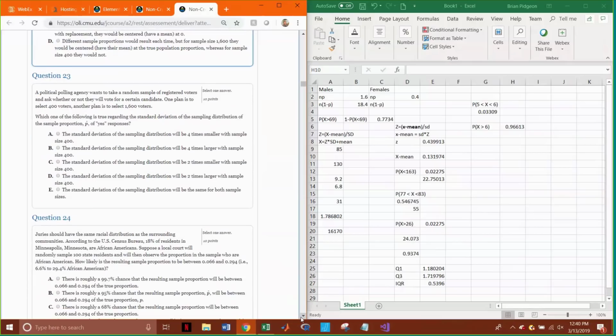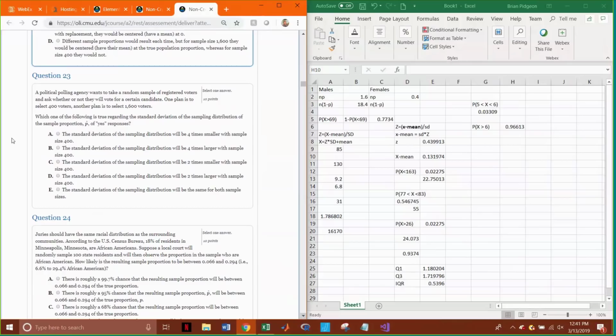23. A political polling agency wants to take a random sample of registered voters and ask whether or not they will vote for a certain candidate. One plan is to select 400 voters, and the other is to select 1,600. So the first idea with this question is to know that the variability in the sampling distribution with 1,600 voters is going to be smaller than that of 400.